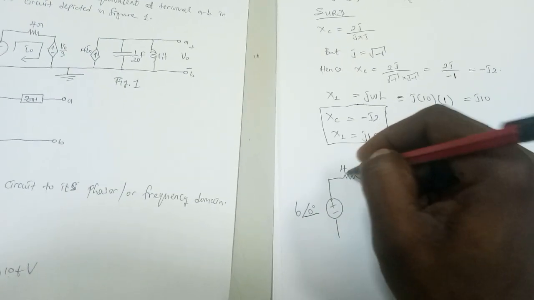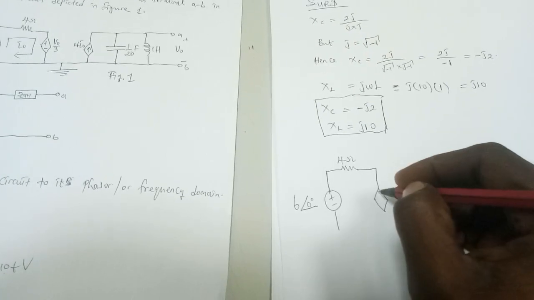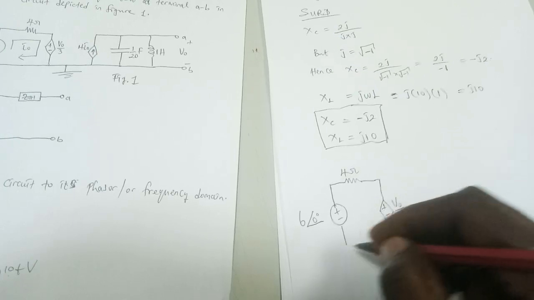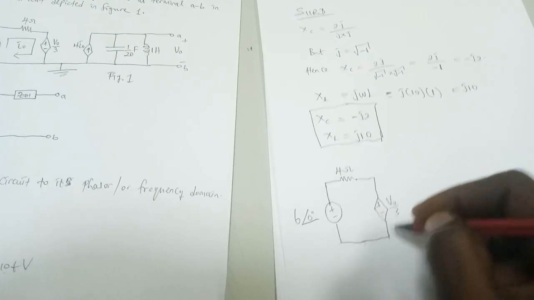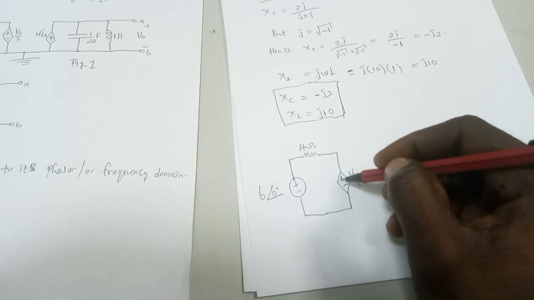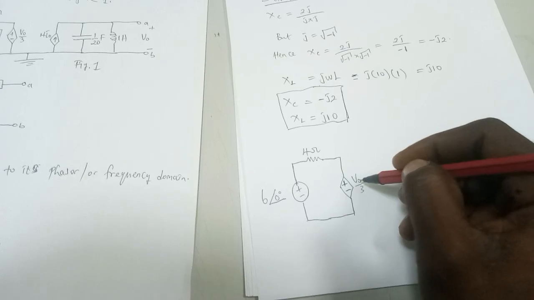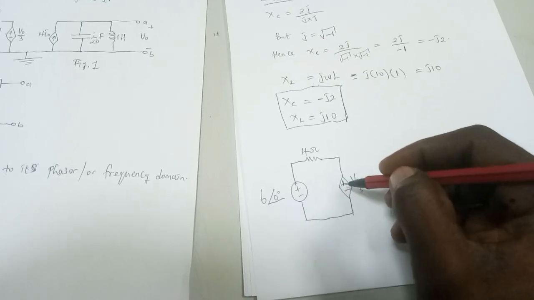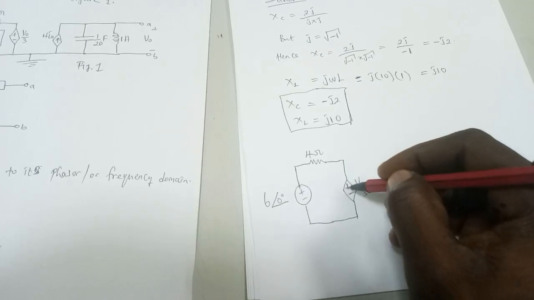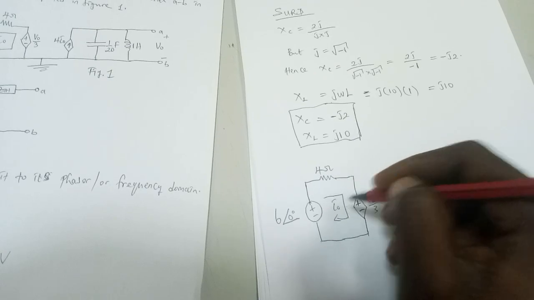This is a 4 ohm resistor. This is the voltage controlled voltage source. This source is controlled by the voltage V0. So this is a dependent voltage source, a voltage controlled voltage source. And we have the mesh current here, I0.